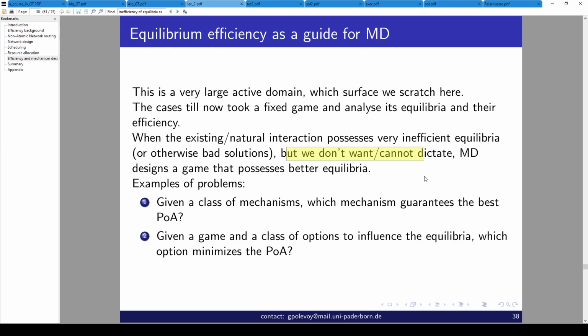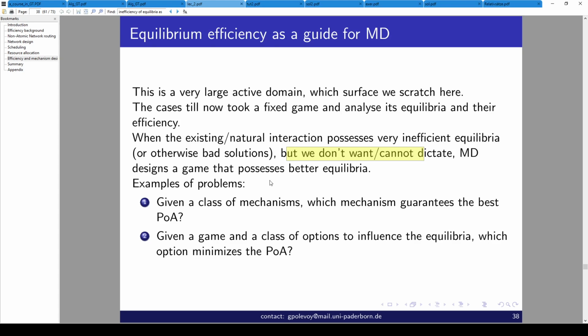So, for example, in a class of mechanisms, so all interactions where you don't require payment, without money, please find, let's say, where everyone provides one single number about their preference. Then please find within this class of mechanisms one which guarantees the price of anarchy of 100%.